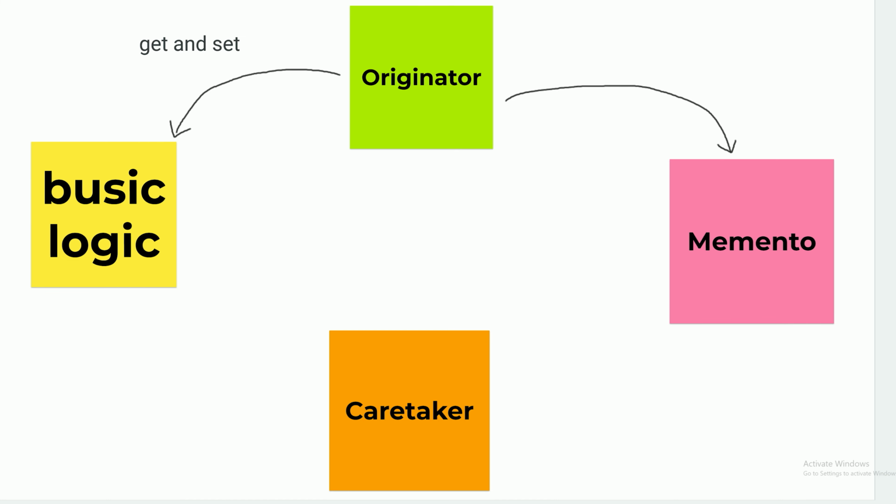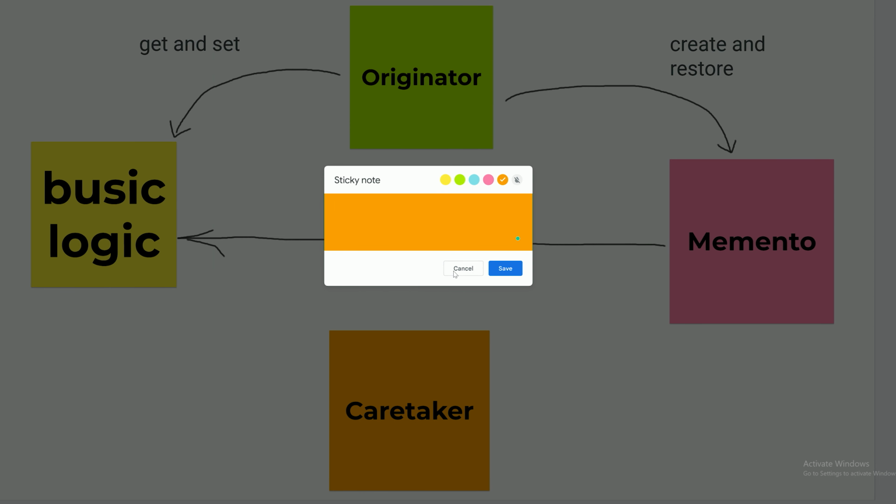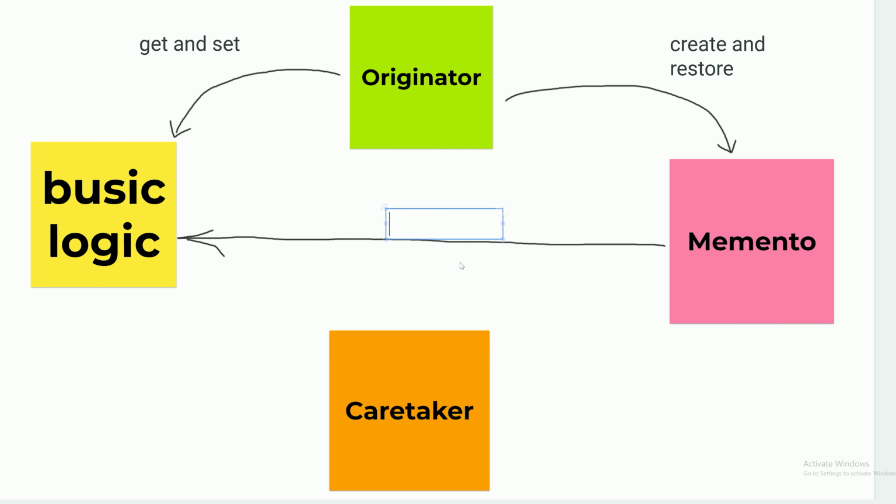So the originator can save and restore a memento. So memento will be basically a wrapper of your business logic that your originator can create and restore. Then the memento itself is just an encapsulation of your business logic.